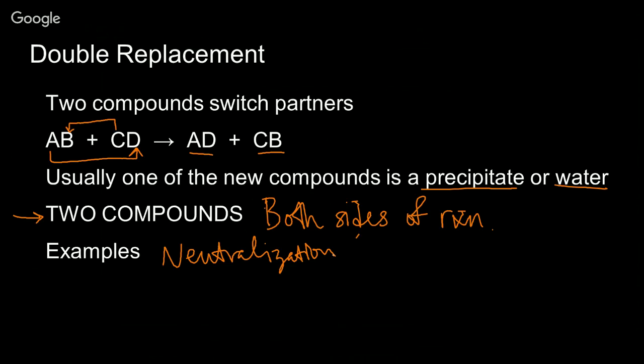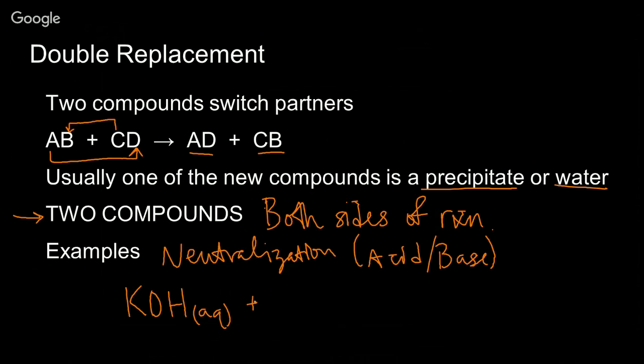Okay, and this is an acid-base neutralization reaction. So here, an example of this, let's say we have KOH, which is a strong base, aqueous, reacts with sulfuric acid, a strong acid, that's also aqueous.